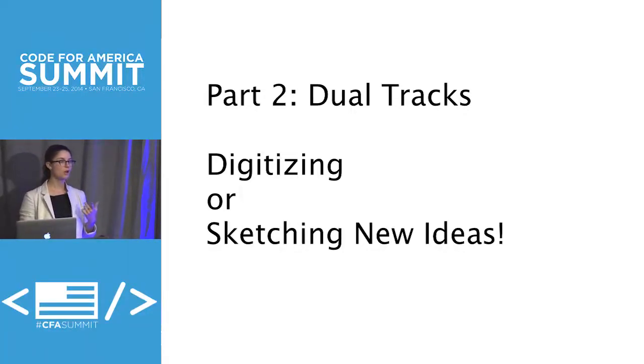So now we're going to split into dual tracks. One track is going to be digitizing the icons we made in the first section, and the other, we're really excited to sketch icon ideas that you brought for icons that you may need in your various civic design contexts.